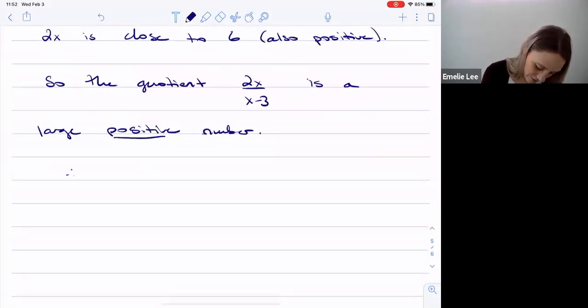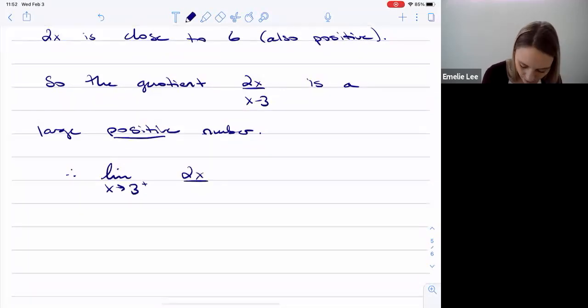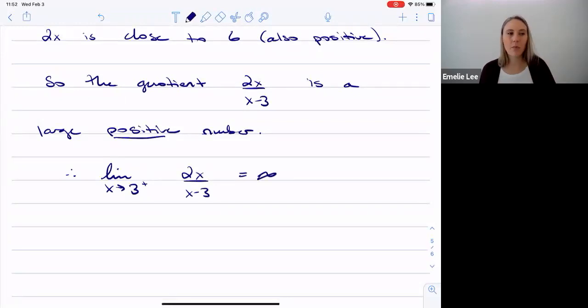And therefore we can say that the limit as x goes to 3 from the right of 2x over x minus 3 is positive infinity.